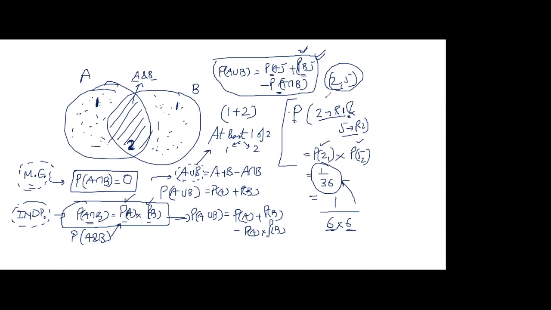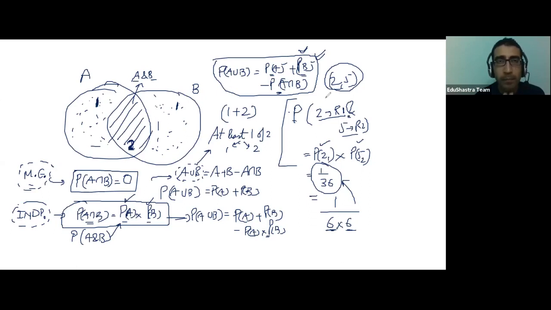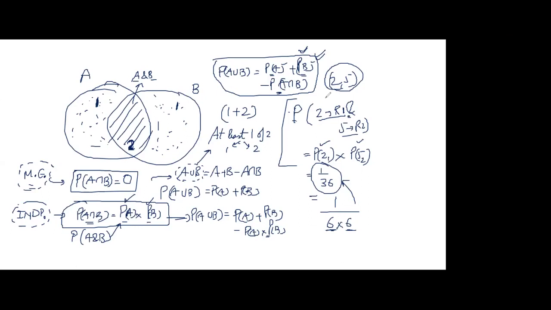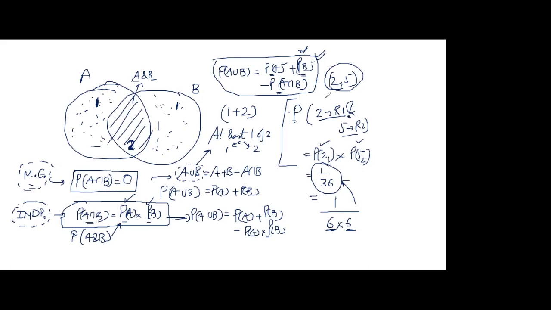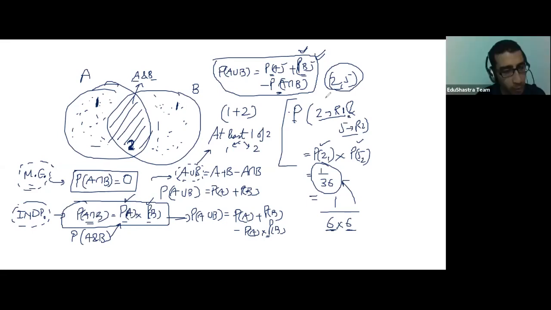If this was the case, I think A will be 2 or 5 on the first roll, and B would be... no. What we'll do is A will be getting 2 on the first roll, 5 on the second roll, and B would be getting 5 on the first roll, 2 on the second roll. No, there are many more cases. I'm trying to use the formula; when you asked this question, I was trying to think of the formula. Otherwise, there are many cases.